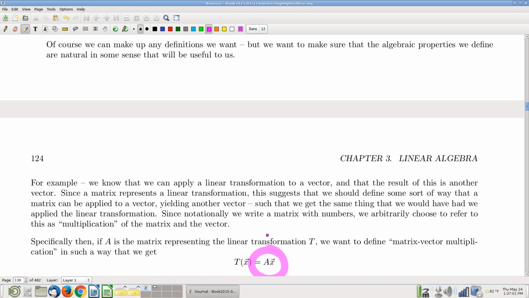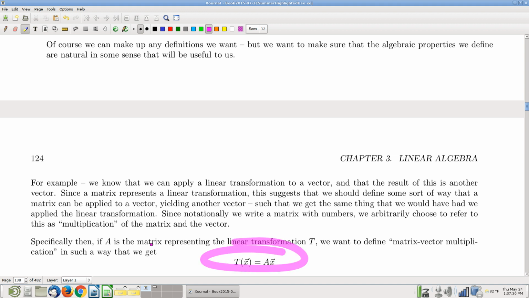But this is supposed to be thought of as representing a linear transformation T. So, into the question of what does a matrix do to a vector, I've modestly proposed that, well, it should do whatever the linear transformation that it represents does to the vector. What could be more natural than that? A is just a shorthand representing T, so Ax should be T of x.